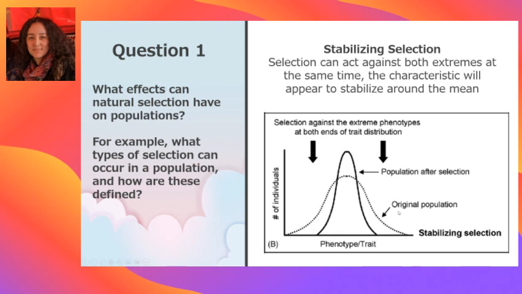And possibly the black and the white wolves stand out more in the environment. Maybe they're both being acted against, and then we're going to see an increase in individuals with that gray phenotype. And that's what we're seeing here with stabilizing selection. We are stabilizing around that mean phenotype or trait.